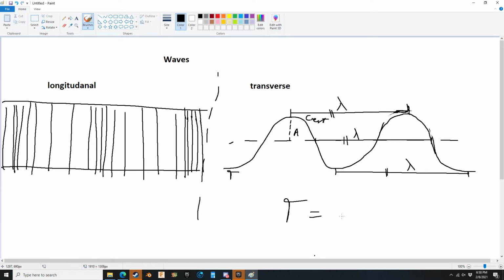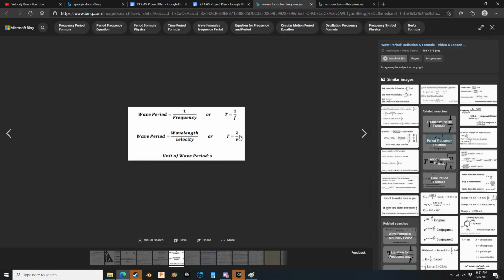This says that the time interval from one wavelength to the next is equal to lambda over v. This is one of our fundamental formulas, and we're going to be continuously rearranging them.